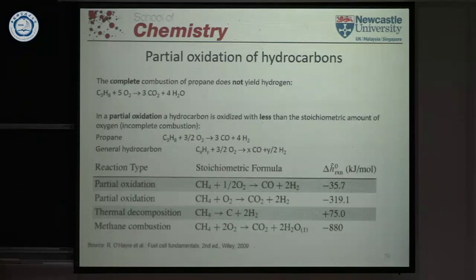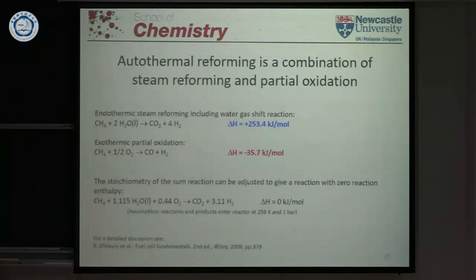And when you have an autothermal reforming, then you essentially have the combination of a steam reforming and a partial oxidation reaction. And the reason is what I said before. The steam reforming is highly endothermic. This is exothermic. So when I actually apply in terms of the moles, these react in such a way that this adds up to zero, then I would have the situation that I can build a reactor that is much easier to run and operate because I don't have to provide heat or take out the heat.